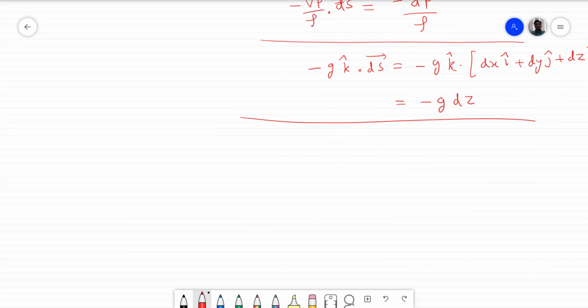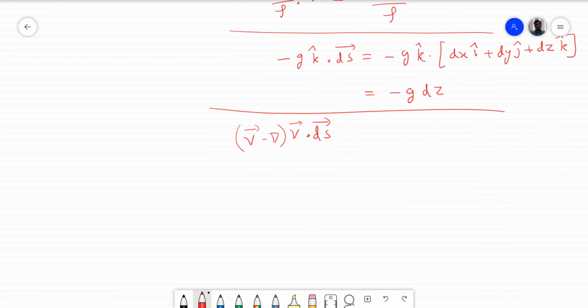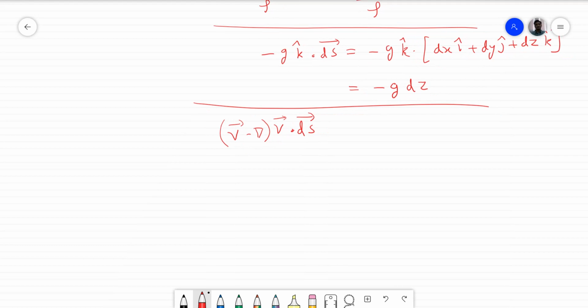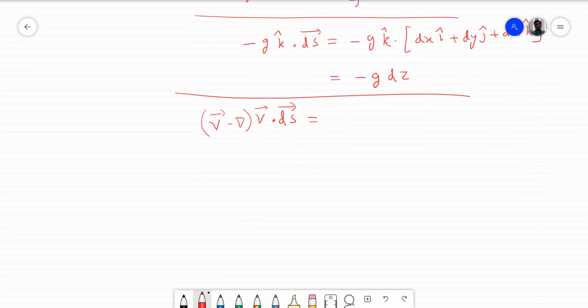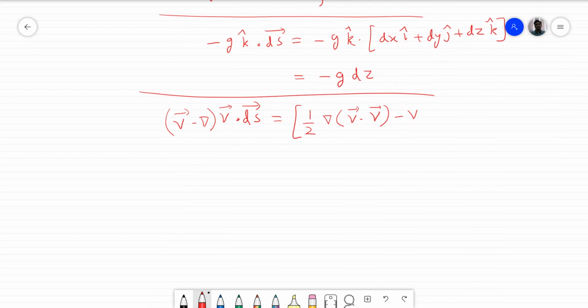Now what about the left hand side, which is v dot del v dot ds? There is a vector identity from which we know that this is equal to half del v dot v minus v cross del cross v, dot ds.